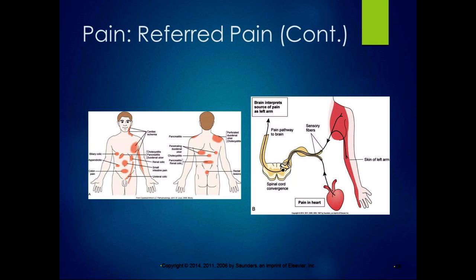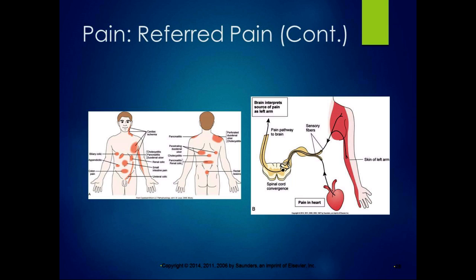So here's some referred pain patterns from the book. So you can see that cholecystitis or pancreatitis or duodenal cancer, or duodenal ulcer, can refer pain to the area right underneath the ribs. Appendicitis refers to the abdominal area, which is a pretty good pain referral.